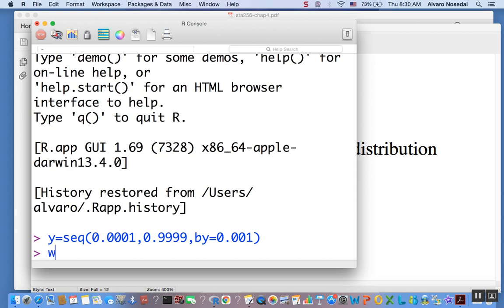And then W, we know, is given by -2 times the natural log of y. Note that in R, log means natural log, because the default base is e.